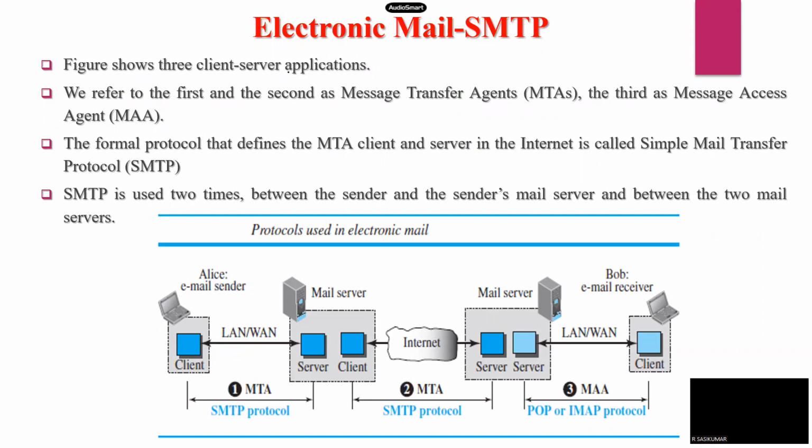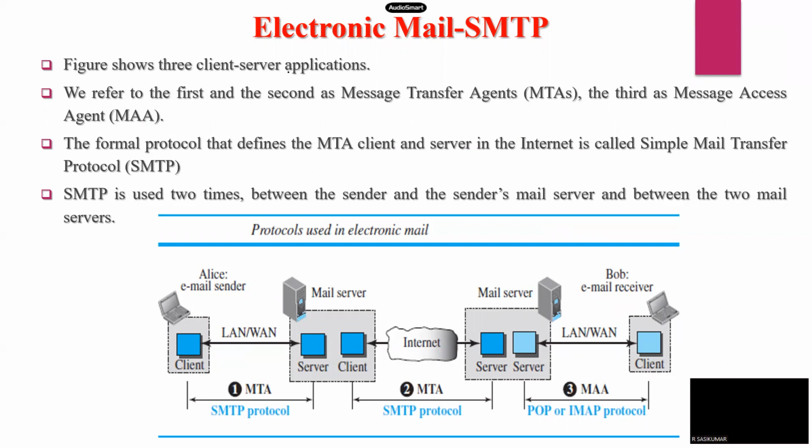The bottom one represents the architecture of SMTP. Here we have to refer the first one, MTA. MTA is nothing but a Message Transfer Agent. We use the MTA agent in the first and second sections. In the third one, we use another agent, MAA, that is a Message Access Agent.